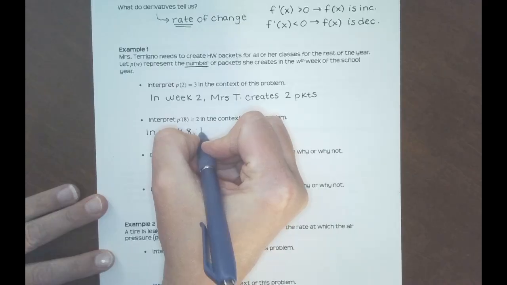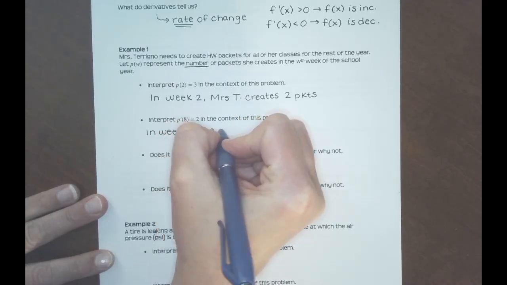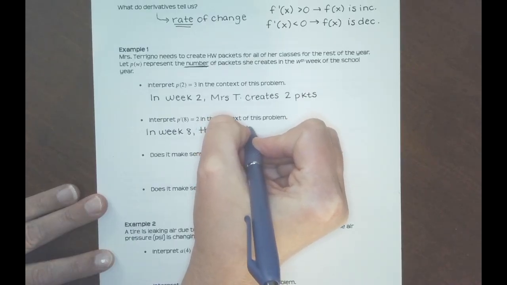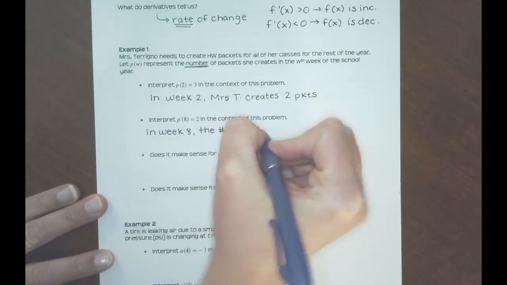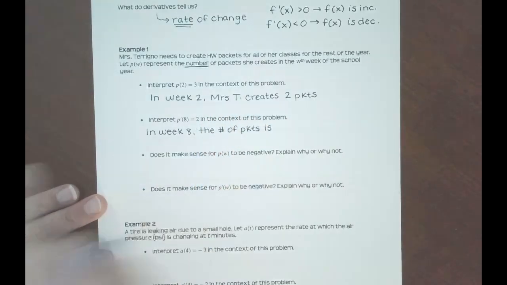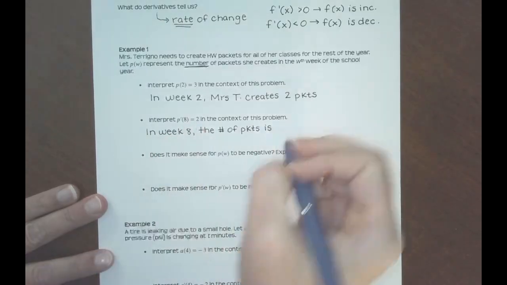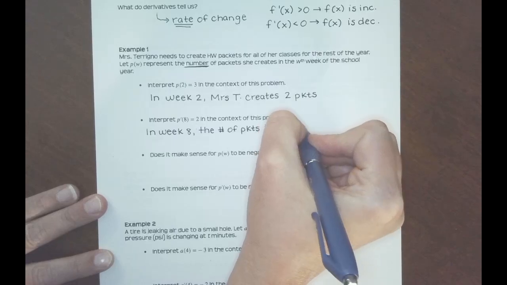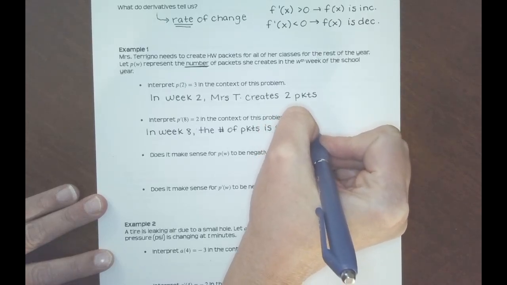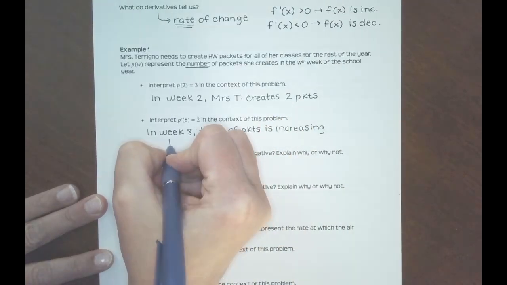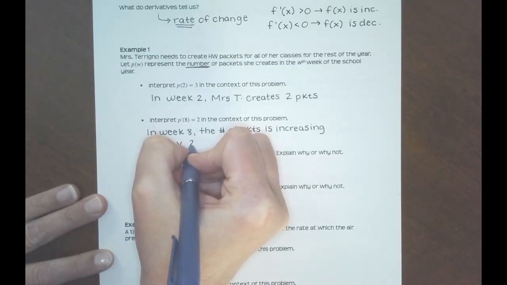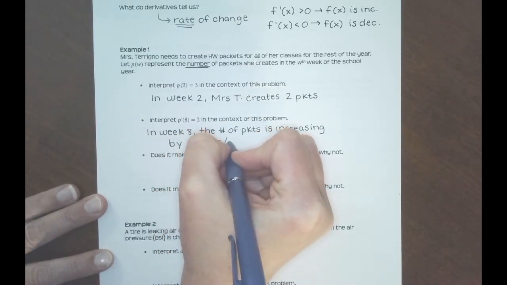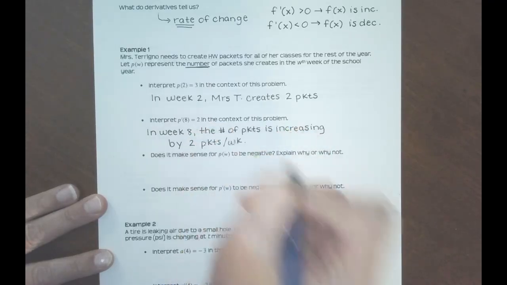So I would say something like the number of packets, because that's what the function is telling you, is changing how? Well, this is positive, so I'm going to say that it's increasing by 2 packets per week.